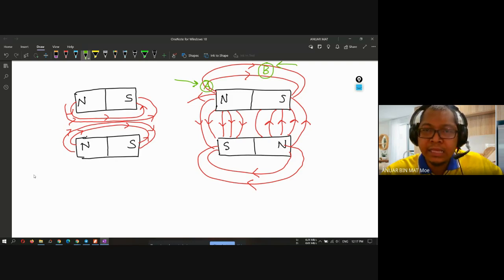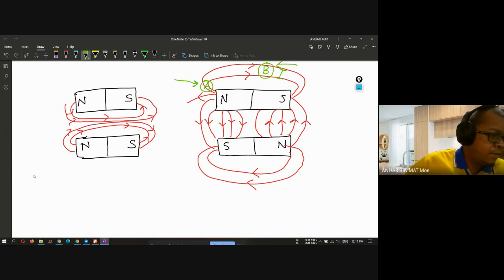If the distance is closer, the magnetic force is higher. Here, the magnetic lines are further away, so the magnetic field force is weaker. Okay, class?